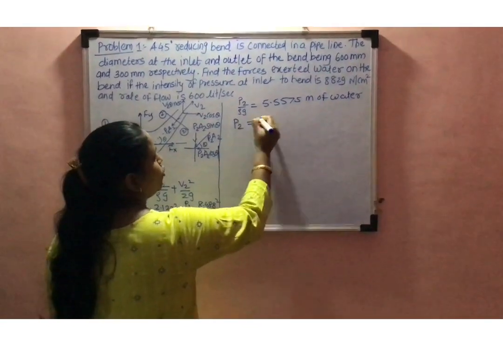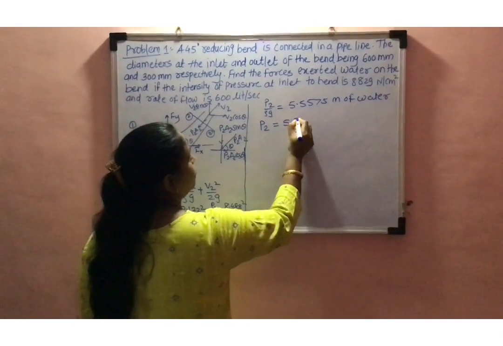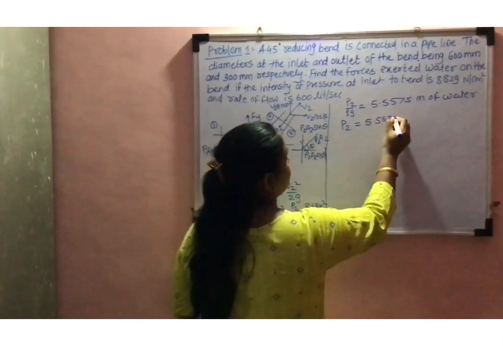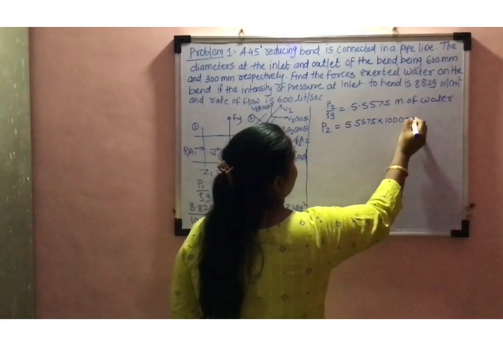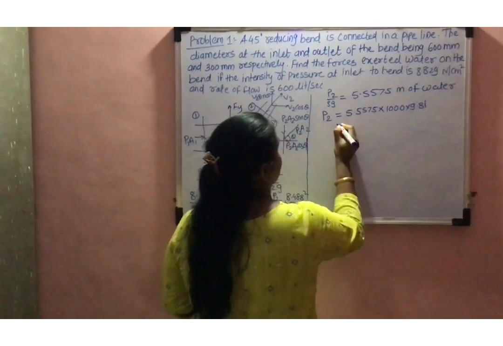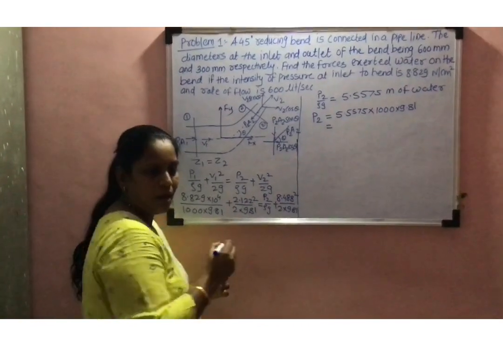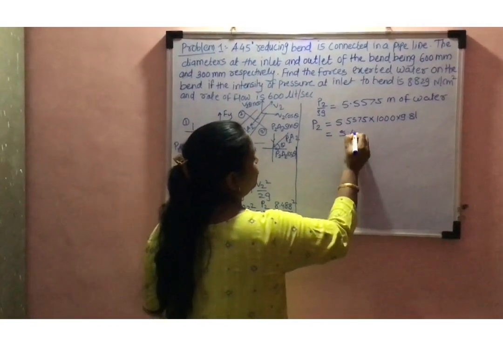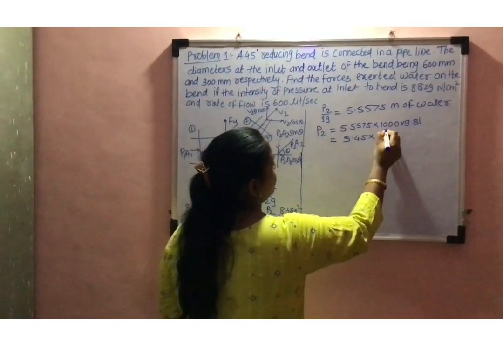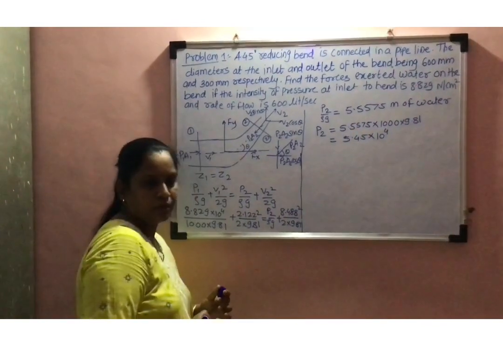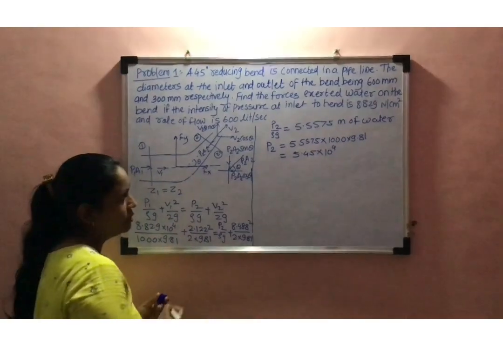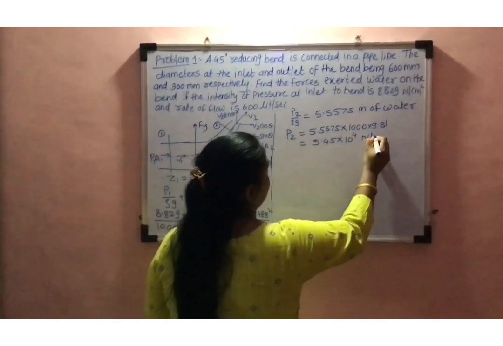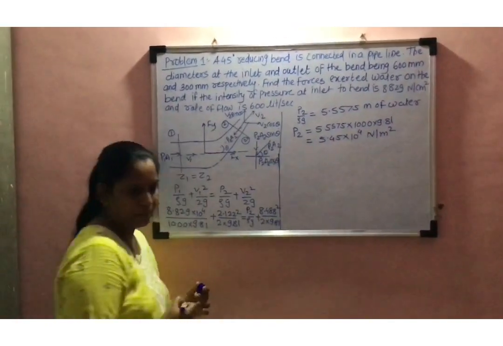For that you have to multiply 5.5575 into rho, which is 1000 into 9.81, and this value will come 5.45 into 10 raised to 4. Okay, so this is the pressure, that will be Newton per meter square.